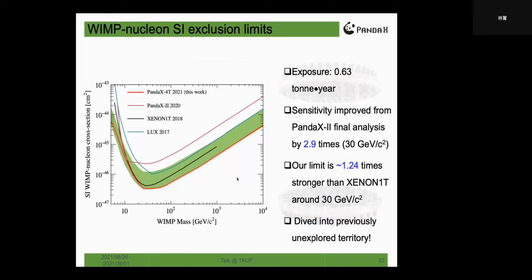The sensitivity has been improved by a factor of 2.9 compared to previous PandaX-2 results at WIMP mass of 30 GeV. And due to the statistical downward fluctuation in PandaX-4T, the upper limit is almost 1.24 times better than previous best results from XENON1T.